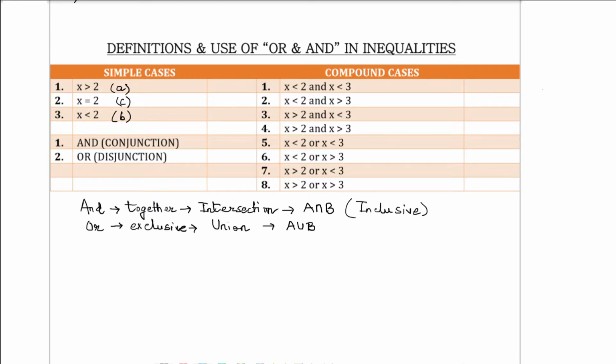Okay, now let's come down to the compound cases. So you will see that the simple cases, if I simply take, let's say, the first case and the third case, and I use "and" or "or" in between, the inequalities become compound. Why do they become compound? Because there are two or more inequalities being used together or exclusive to each other. And why do I say together?